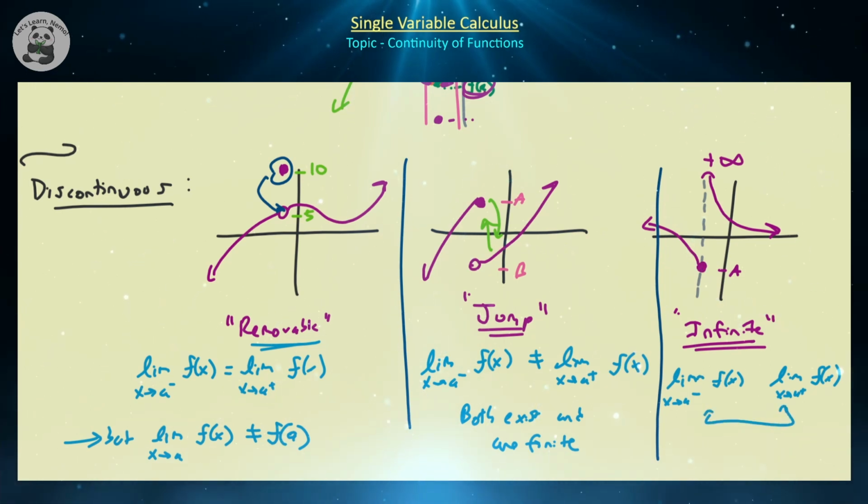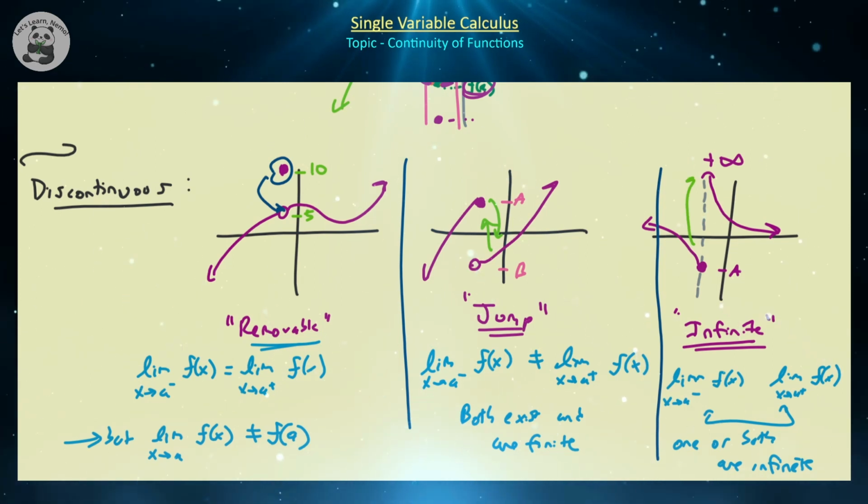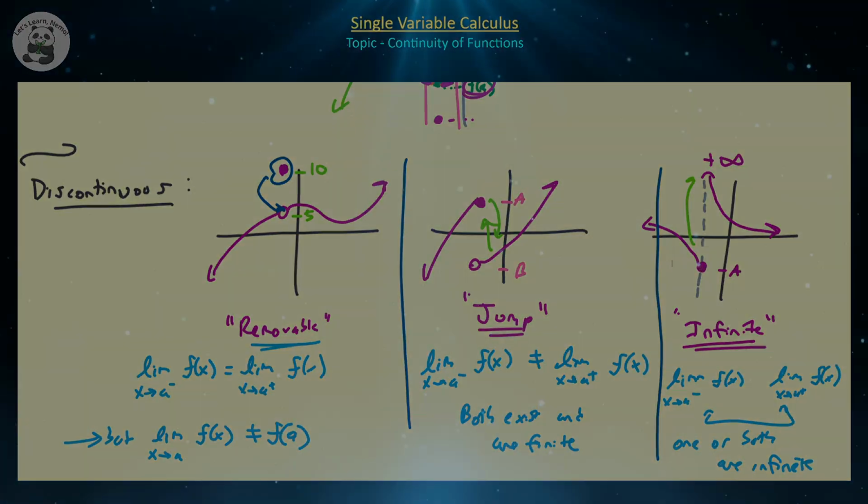Here, one or both are infinite. So one could say that an infinite discontinuity is sort of a special case or an extreme case of a jump discontinuity, because technically we're jumping from this finite value up to that infinite value, or jumping from that infinite value down to that finite value. So those are the three common types of discontinuities that you may encounter in your journey of functions.